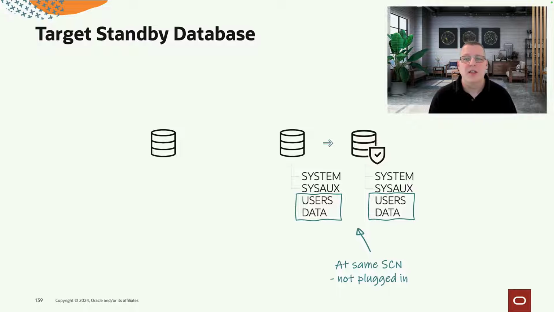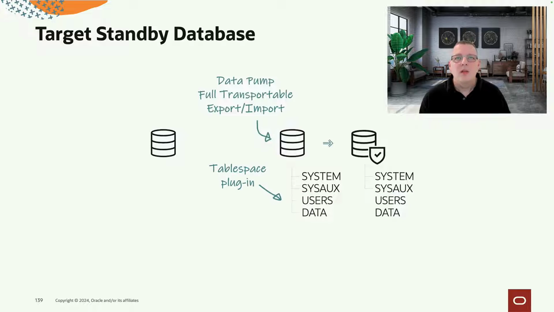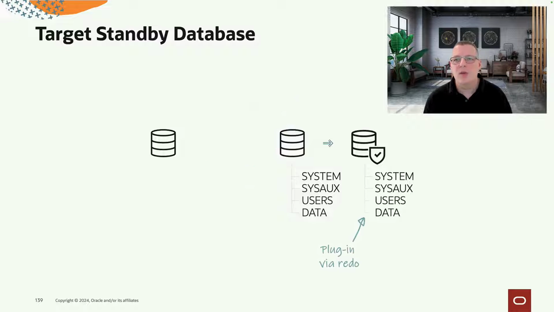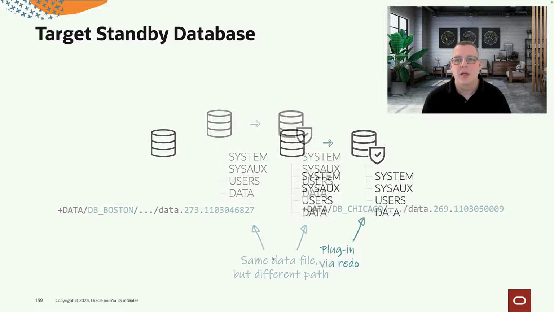So you have the tablespace at the same SCN, but it's not plugged yet. When you run the data pump full transportable export import, it will plug these tablespaces in your target primary database. And using redo logs, it will also plug these tablespaces in your target standby.